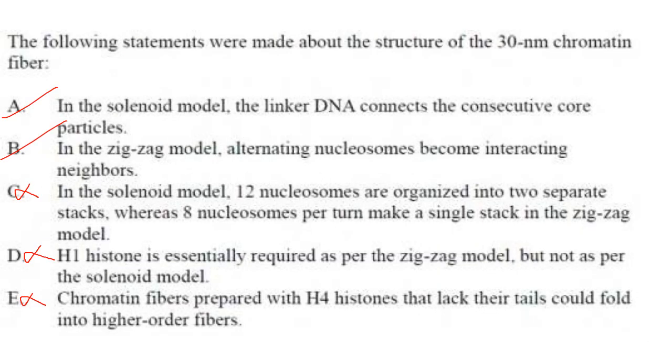Okay, coming to the next question. The following statements were made about the structure of the 30 nanometer chromatin fiber. In the solenoid model, the linker DNA connects the consecutive core particles. So that is a correct statement, because the solenoid model is characterized by interaction between consecutive nucleosomes, that is n, n plus 1 and so on.